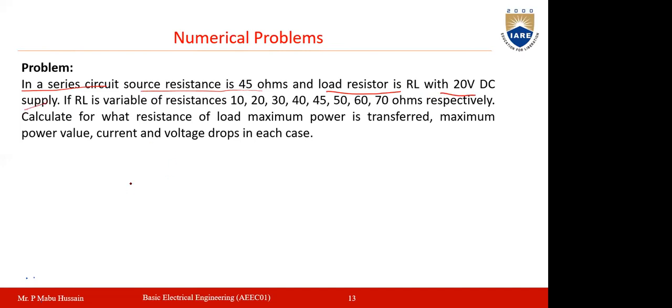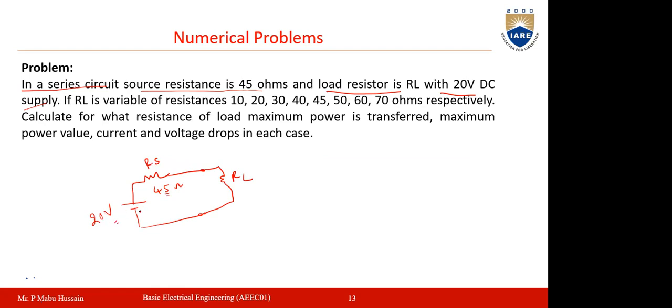You have a series circuit in which a 20 volts DC supply is connected with some source resistance RS, whose value is 45 ohms, and the load resistance RL. So this is the circuit given here. RS value is 45 ohms, and the source value is also given.